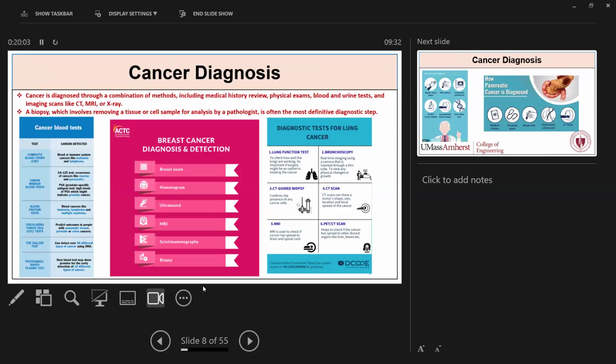Can anyone post in the chat box, just name a few limitations? What do you think about the current conventional methods? Early detection is not possible. Excellent. What else?